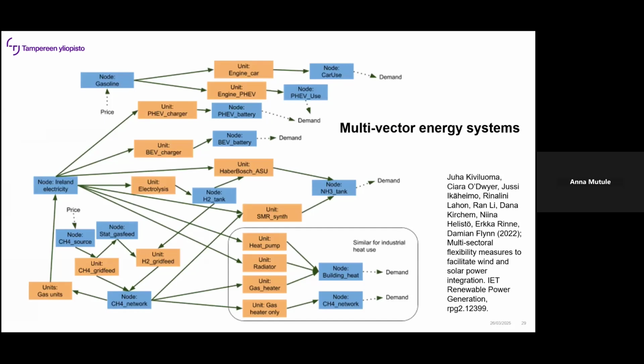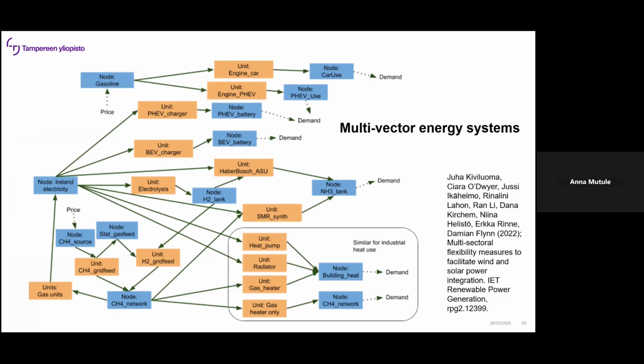This diagram illustrates the structure of the multi-vector energy system model in the Ireland case. As power systems integrate more variable renewable energy, the need for flexibility grows. At the same time, electrification in sectors like heating, transport, and industry offers new flexibility opportunities.